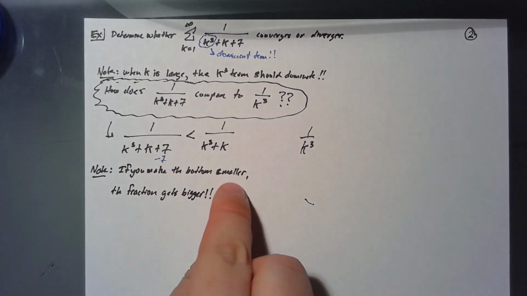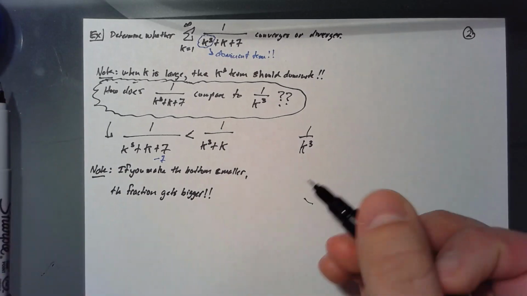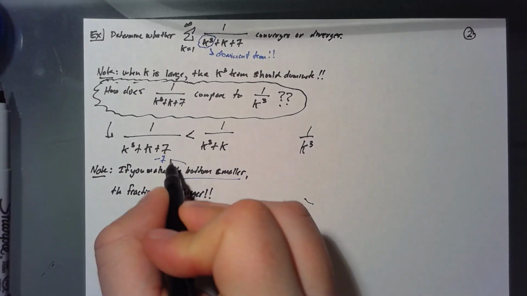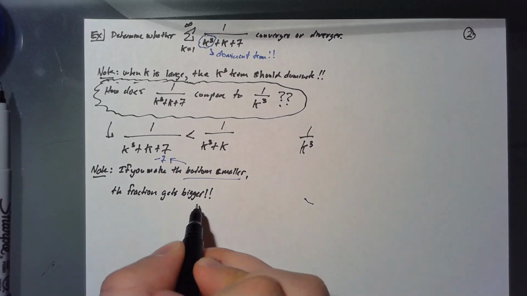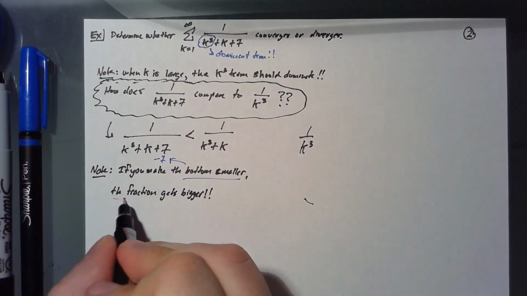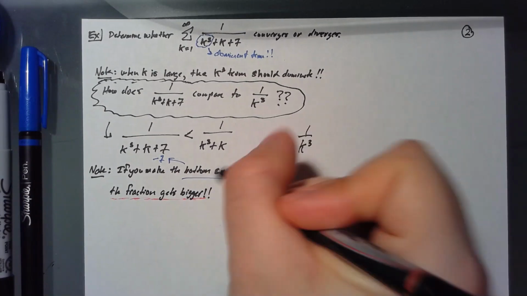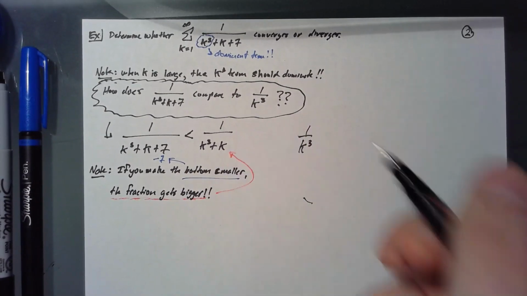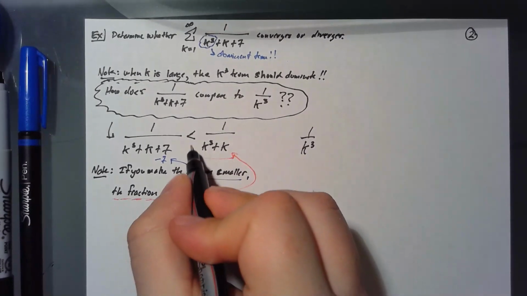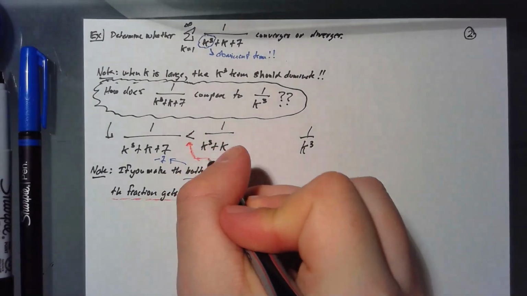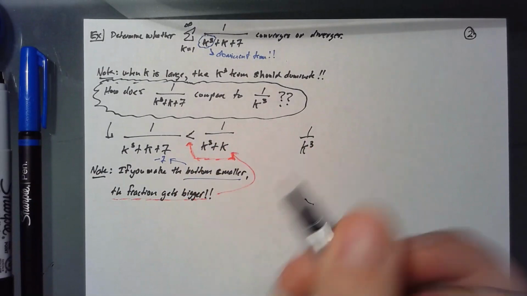If you make the bottom smaller, aka subtract 7, the fraction gets bigger. And that's denoted by this right here. Hopefully that makes sense to you.